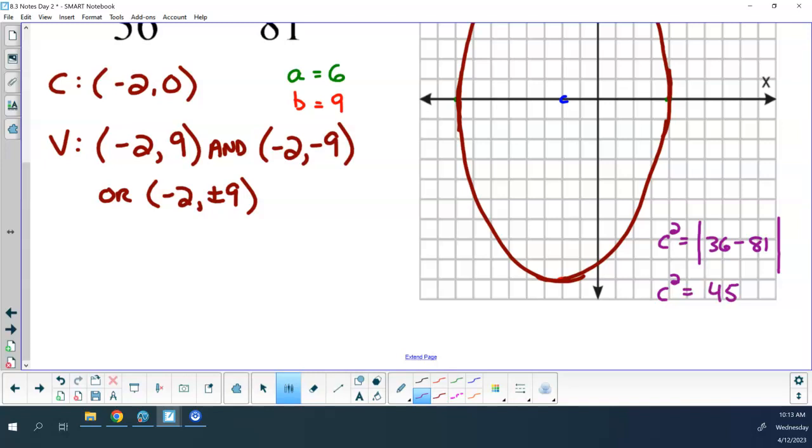Okay. So then my C value is what? Do I like the square root of 45? No, what do I like instead? It is in between 6 and 7, though, when we go to the graph. Yes. But what do I like instead of the square root of 45?